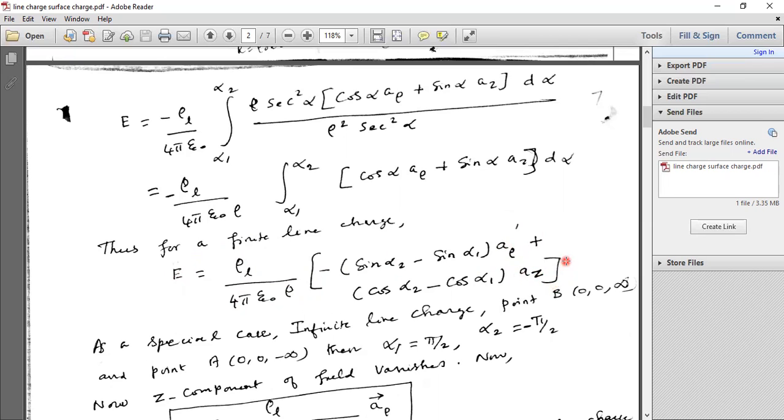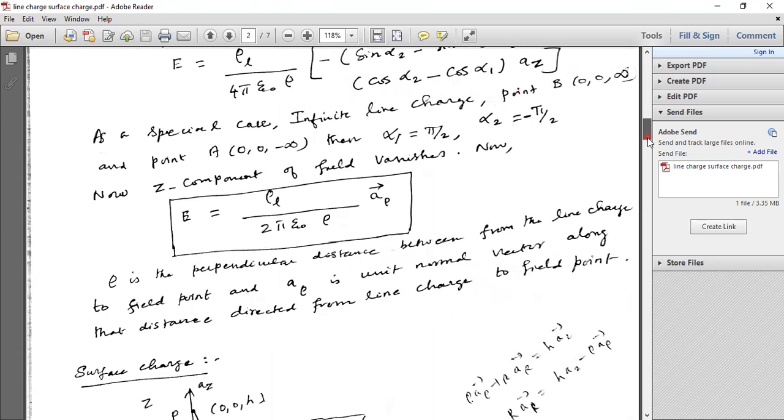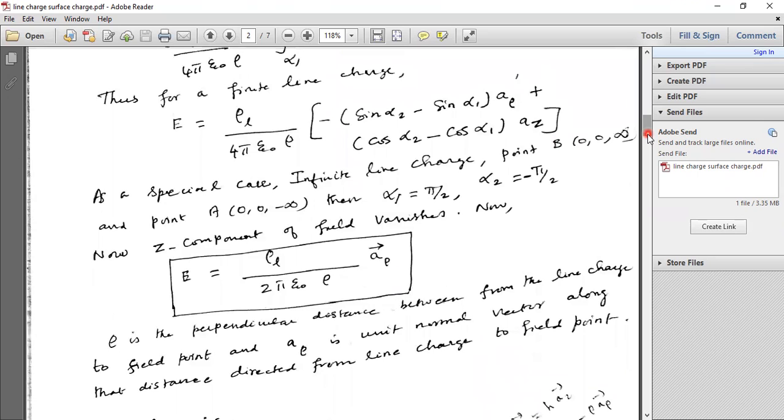Suppose we consider an infinite line charge, extended from minus infinity to plus infinity, that is z varies from minus infinity to plus infinity. Then alpha 1 and alpha 2 vary from pi by 2 to minus pi by 2. Accordingly we change the integration limits, and we finally get rho L by 2 pi epsilon naught rho.